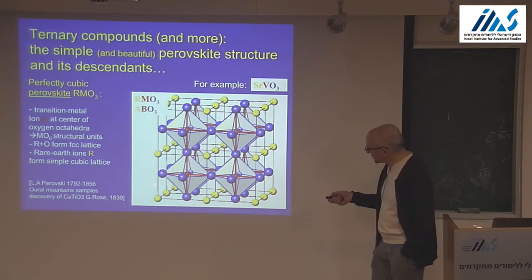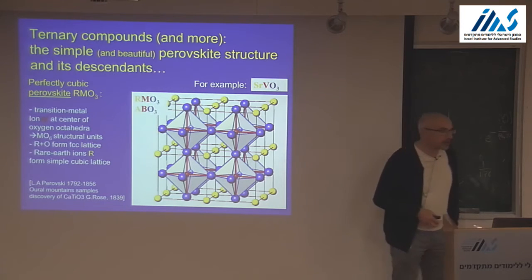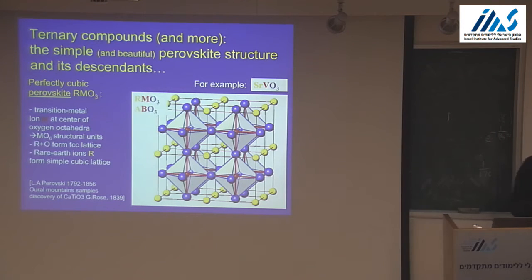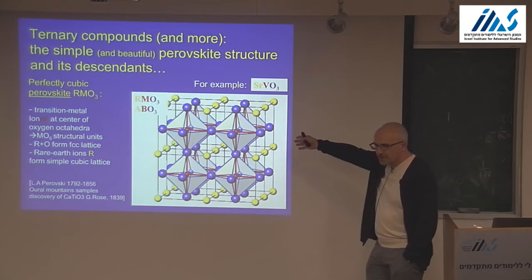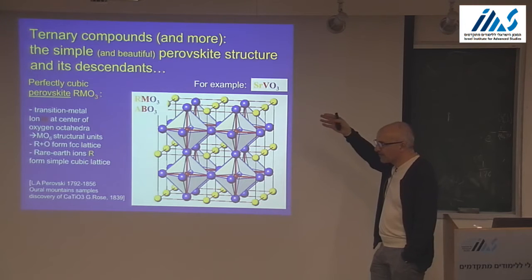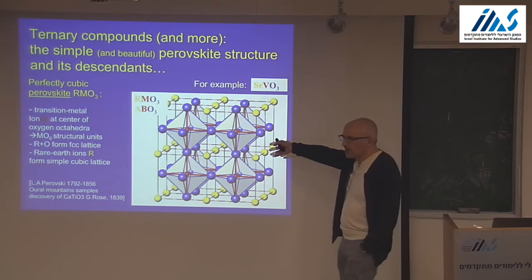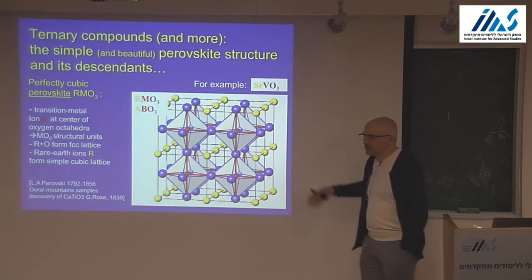And look here, you see that this transition metal is encaged into an octahedral cage built by 6 oxygens. So you have a regular octahedron here. Here I've given you an example where we have perfect cubic symmetry of this perovskite.